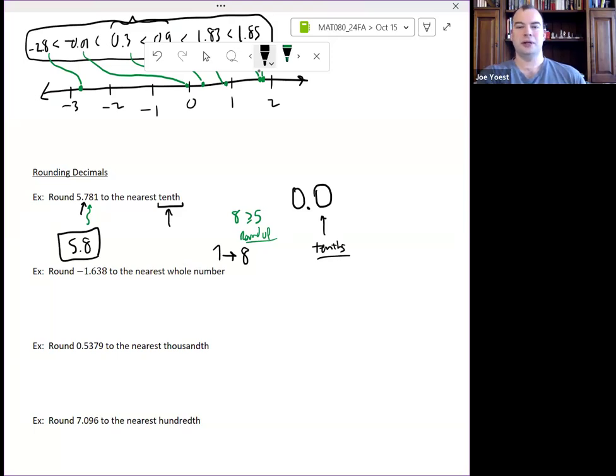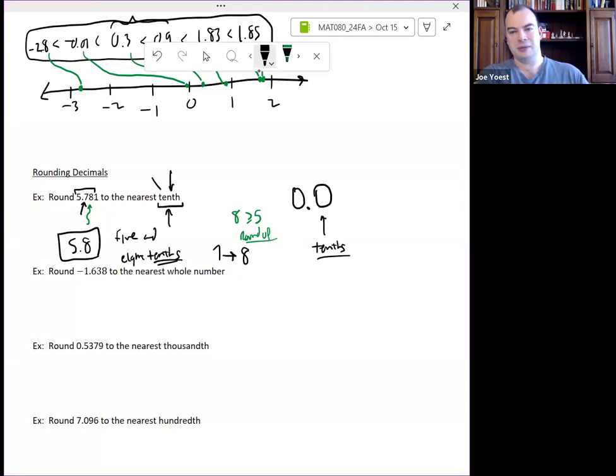When I say the number 5 and 8 tenths verbally, I should be saying the place that I rounded to. Right? If I mistakenly rounded this to 5.78, I would be saying 5 and 78 hundredths.